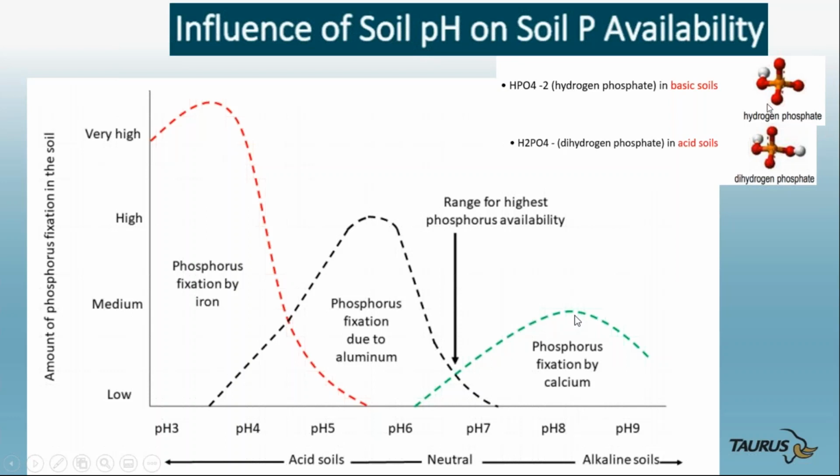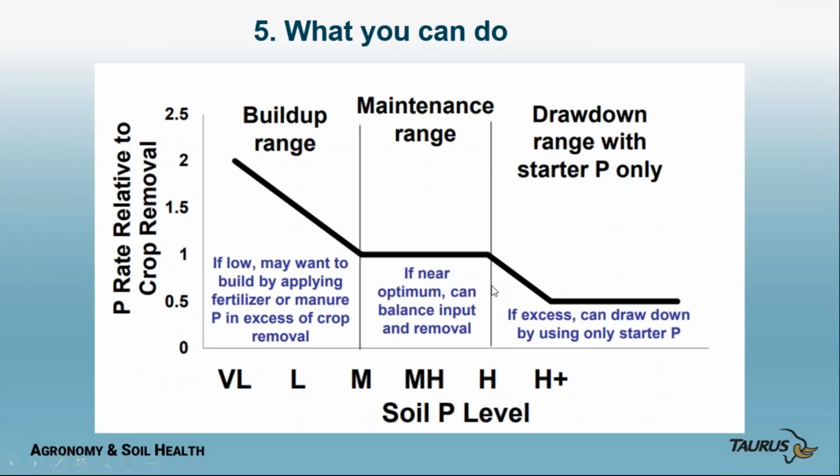Now you can see also that the tie-up, or fixation, as it's typically called, is not as bad with calcium, because plants can, through the acids they're excreting in the rooting zone, drop that pH, which then releases that phosphorus more readily at the high pHs than at low pHs, where the plant can't really basify that soil and extract that phosphorus. So if you're in that perfect zone, you've got a maid in the shade in terms of managing your phosphorus largely.